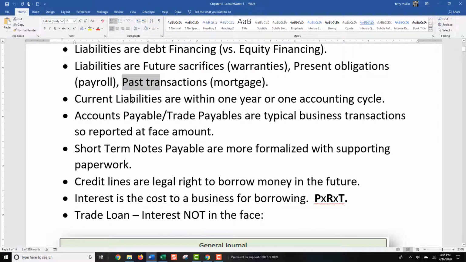When we talk about current liabilities, then current liabilities are liabilities that we're going to pay within 1 year or one accounting cycle. We don't deal with the one accounting cycle.